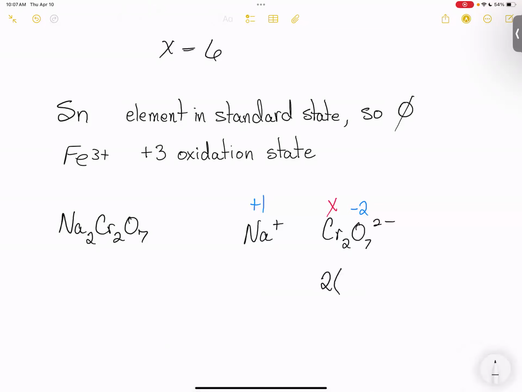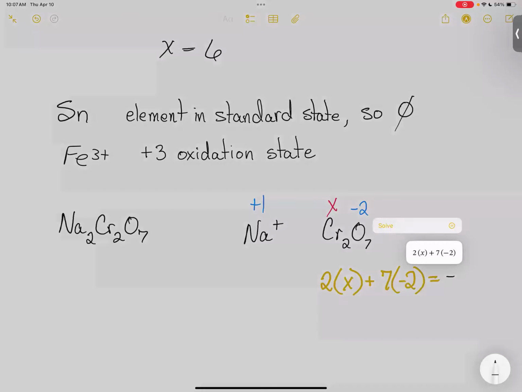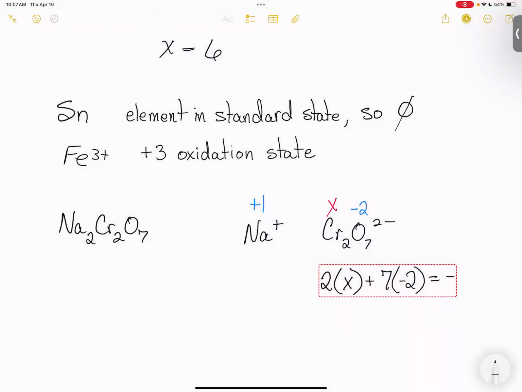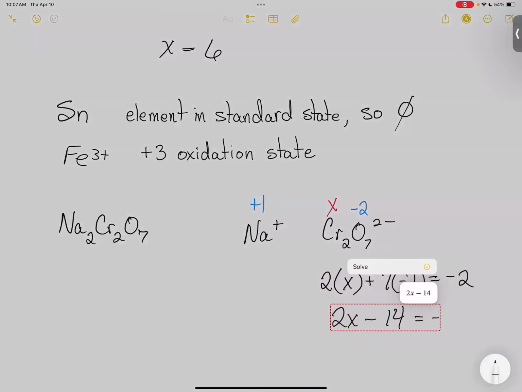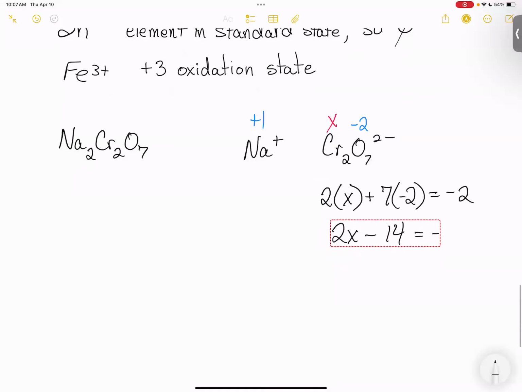2 chromiums times X plus 7 oxygens times a -2, and we set that equal to its charge. 2X minus 14 is equal to a -2. 2X is equal to 12.